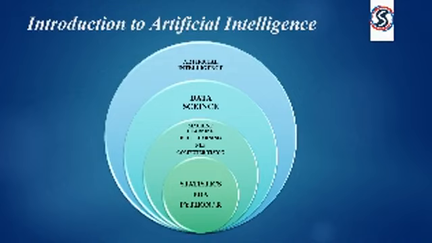If we briefly explain artificial intelligence, it is composed of two words: one is artificial and the second is intelligence. Artificial means man-made and intelligence defines the thinking power. That means AI is a man-made thinking power which does all the activities, giving outputs and insights without any human intervention.